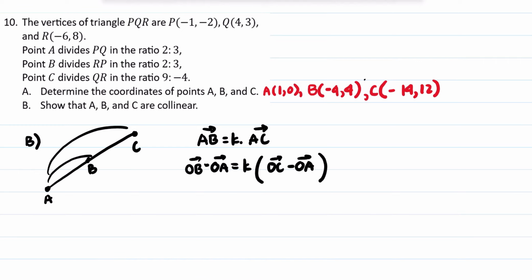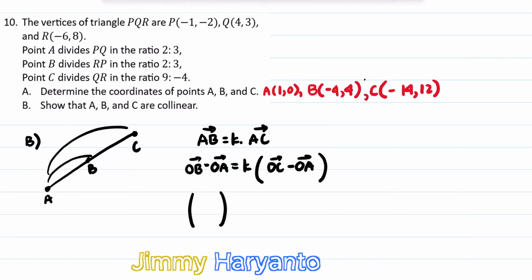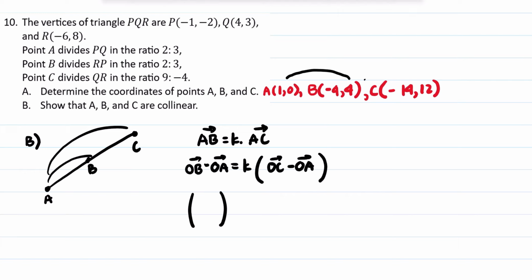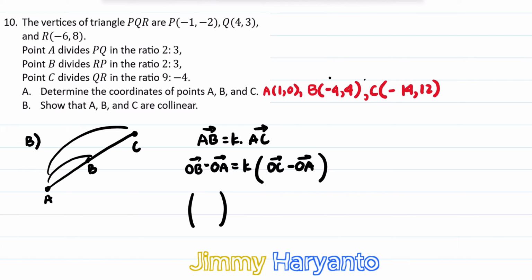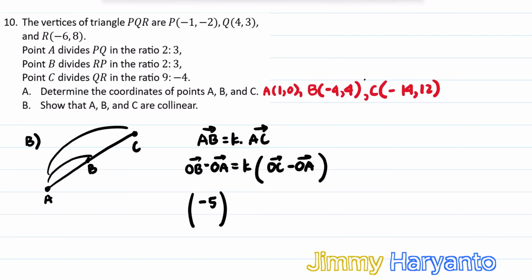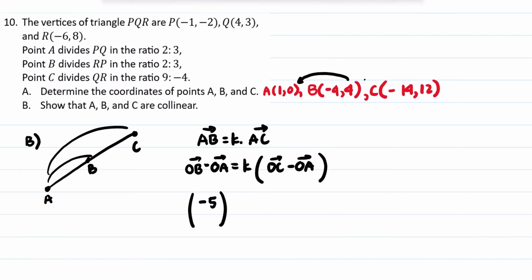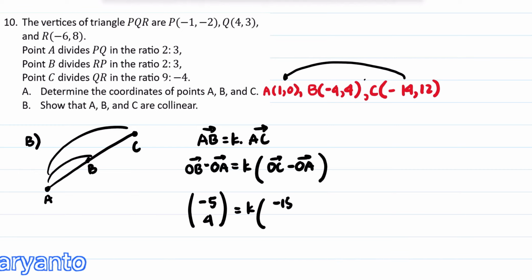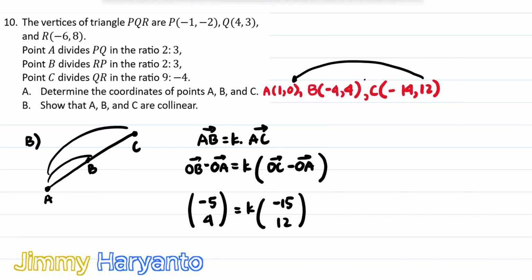Okay, let's calculate OB minus OA directly. So B minus A, the x first, -4 minus 1 equals -5, and then 4 minus 0 equals 4, equals k times OC minus OA. This minus this equals -15, and then 12 minus 0 equals 12.